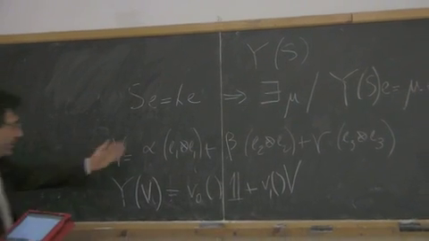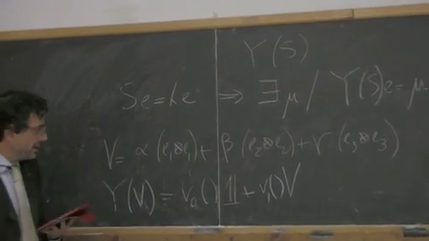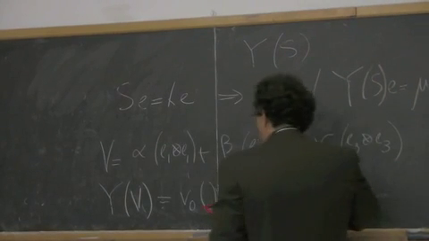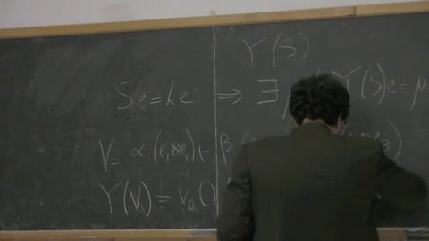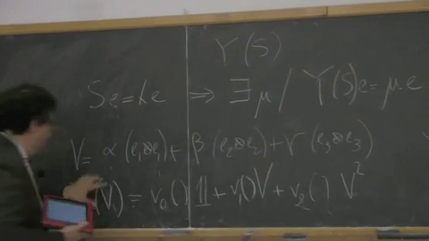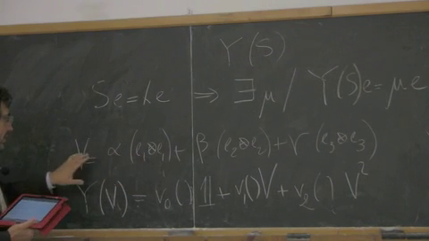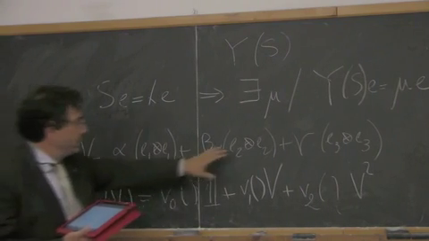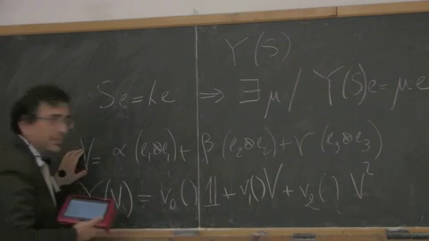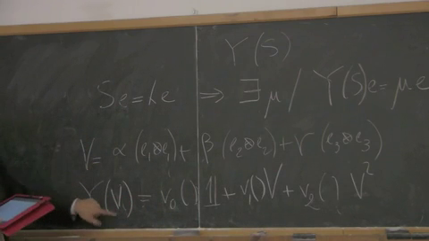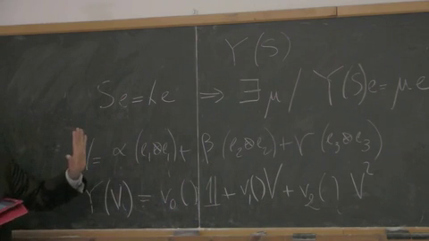The last part of the previous lemma tells us that E1 is an eigenvector of V, E2 is an eigenvector of V, and E3 is an eigenvector of V. So Y of V has exactly E1, E2, and E3 as eigenvectors.